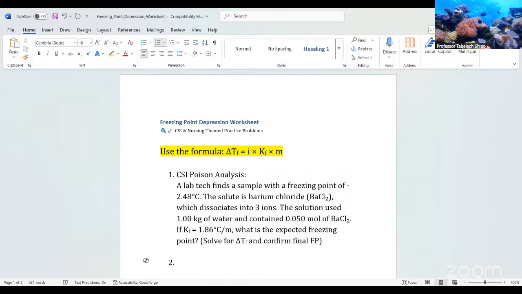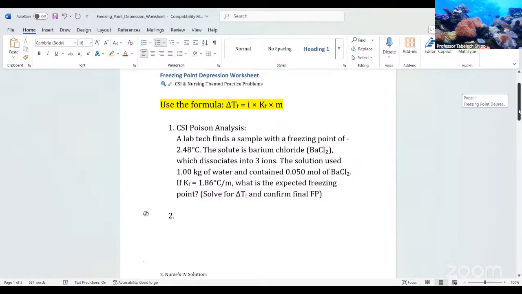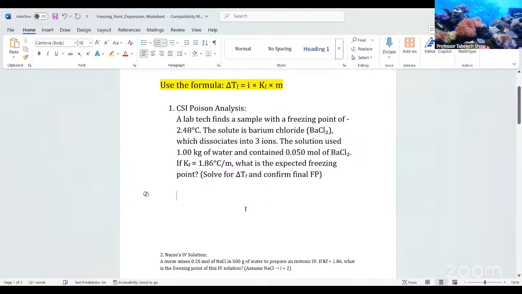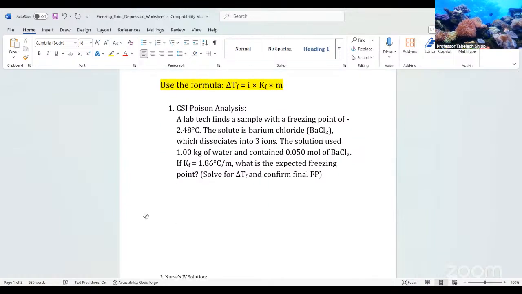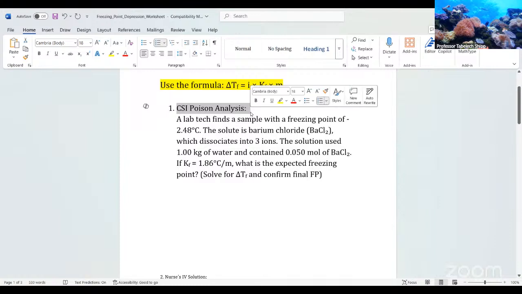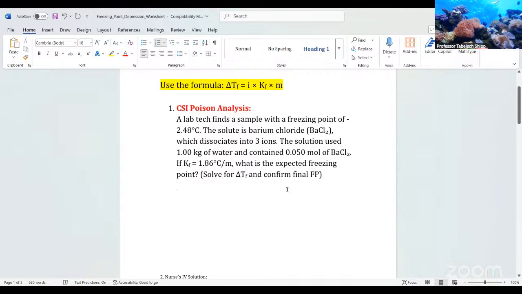This is the formula that we're going to use, and this is your first problem. This is a CSI poison analysis. I love giving problems like this because students don't understand why they have to know this until you give them a real life example. So this is why I'm doing problems of this nature.